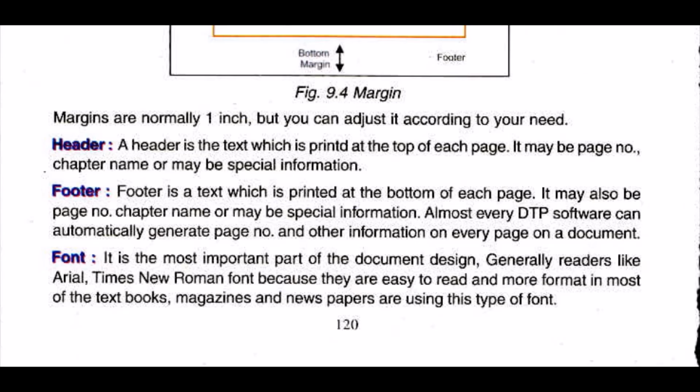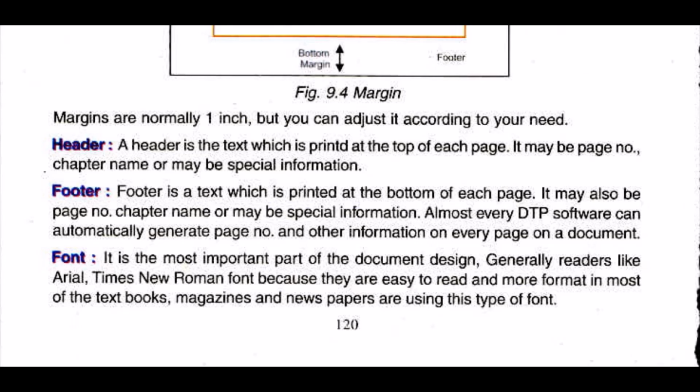Header is the text which is printed at the top of each page. It may be the page number, chapter name, or special information. Or it can be aligned left, center, or right. Same as footer. All the information can be written on the bottom, right, center, or left.